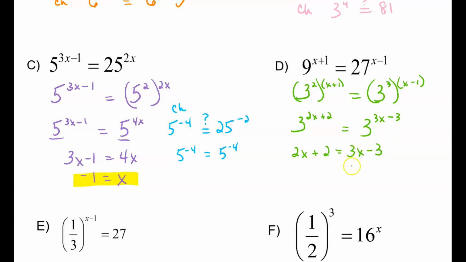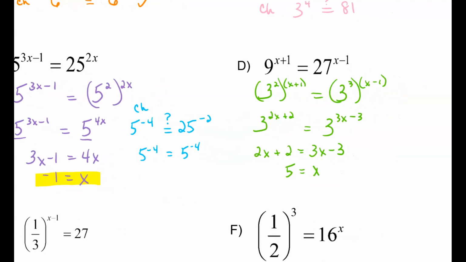Subtract the 2x from both sides. I'll get an x over there. Add the 3 to both sides, and I get a 5. All right, and again, I'm just going to do a quick check. This would be 9 raised to the 5 plus 1 is 6 is equal to 27 raised to the 5 minus 1 is 4.